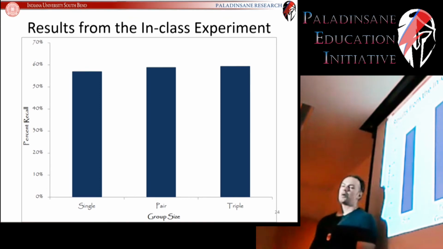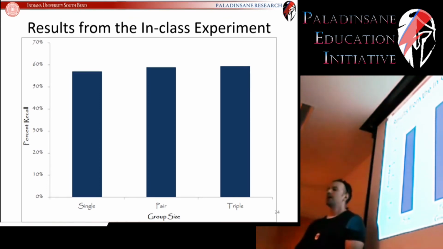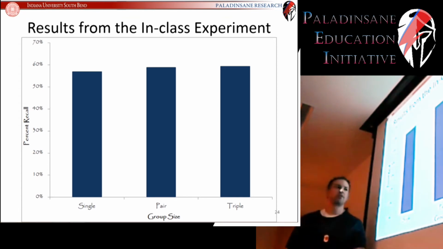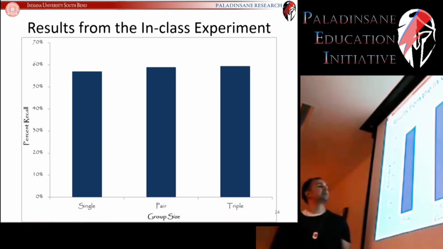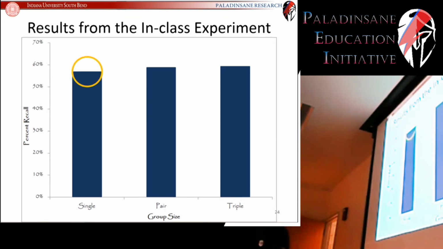So this is almost just how much recollection did you have, how much memory did you have, whether it was right or whether it was false, what was the total amount of things that you remembered. And as you can see, there doesn't seem to be a lot of difference between how much singles, pairs, or groups of 3 recalled. And in reality, there isn't.